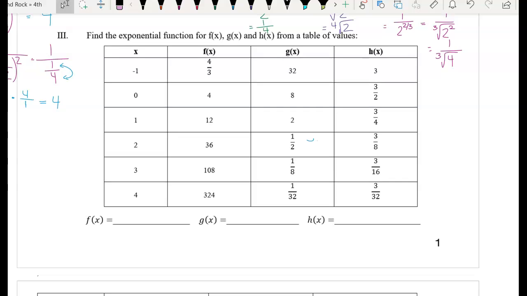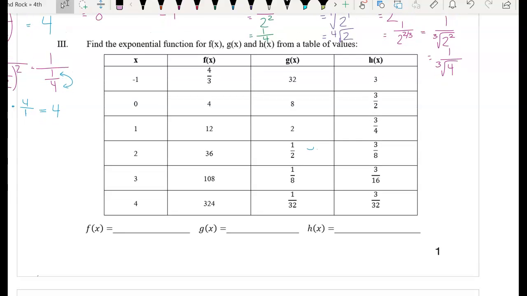Okay. So let's now go ahead and create the equations based on this table. So we're being asked to create exponential functions.